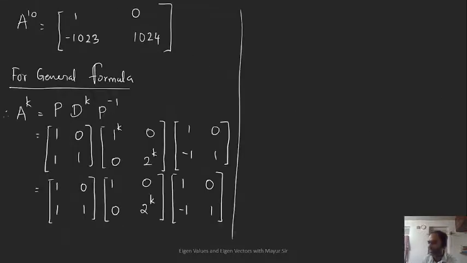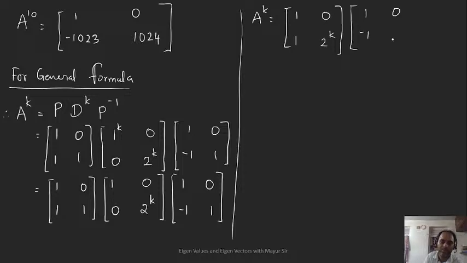Okay, so just check your answer once more, and otherwise this general formula should be able to give you the correct answer. So A raised to k, you do the multiplication, so 1, that is what we get, and then here we get 0, here it is 1, and then here you get 2 raised to k, then here it is [1, -1], [0, 1], right?